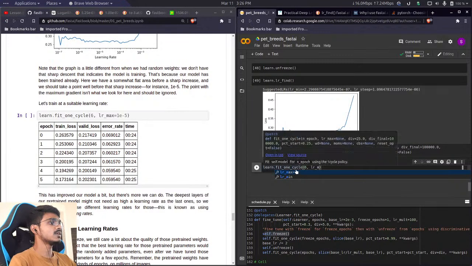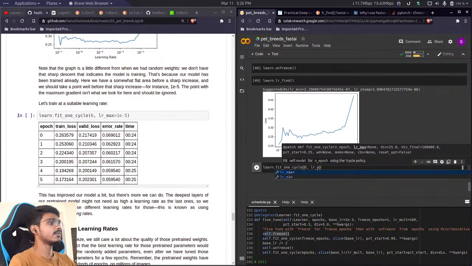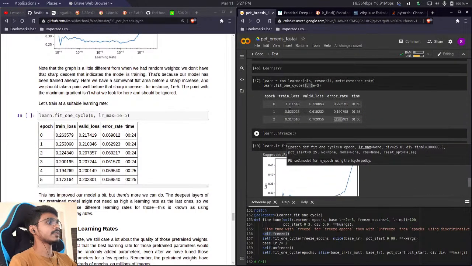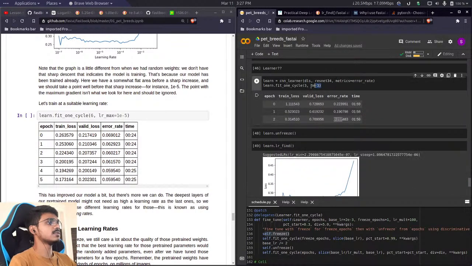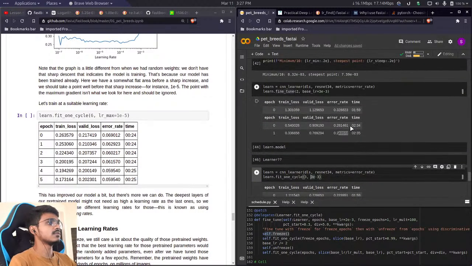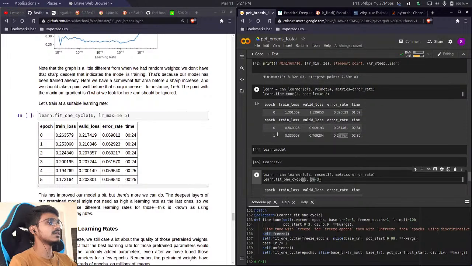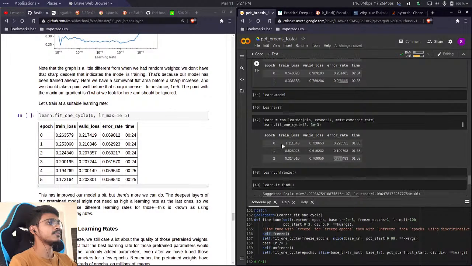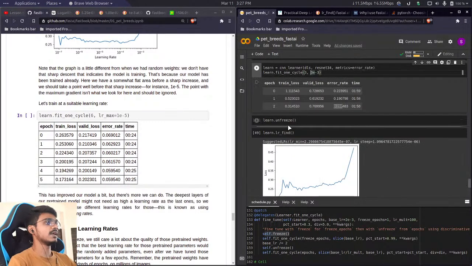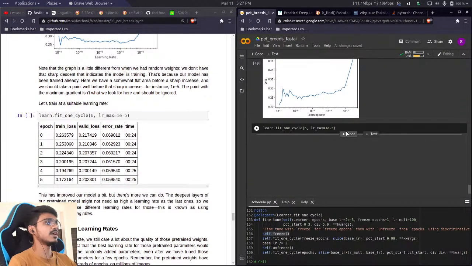Why are we passing LR-max? What's the difference between LR-max and base LR? We were providing base LR to the fine-tune method, and for fit one cycle we have to pass LR-max.